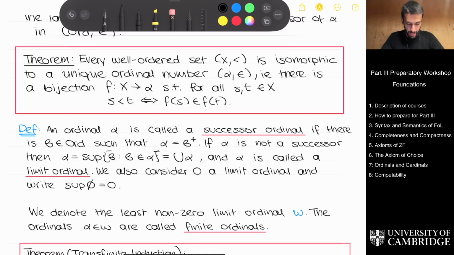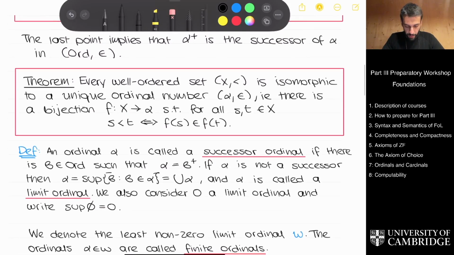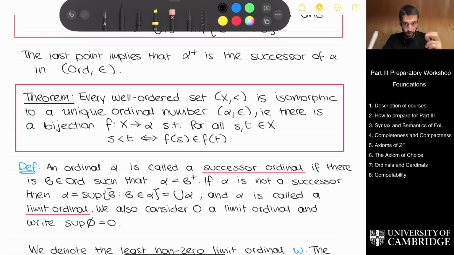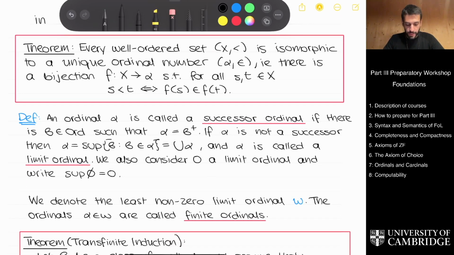And yes. Okay. So the last point, and the fact that this order is discrete, allows us to make the following definition. We say that an ordinal alpha is a successor ordinal if there exists an ordinal beta such that alpha is the successor of beta in this order.